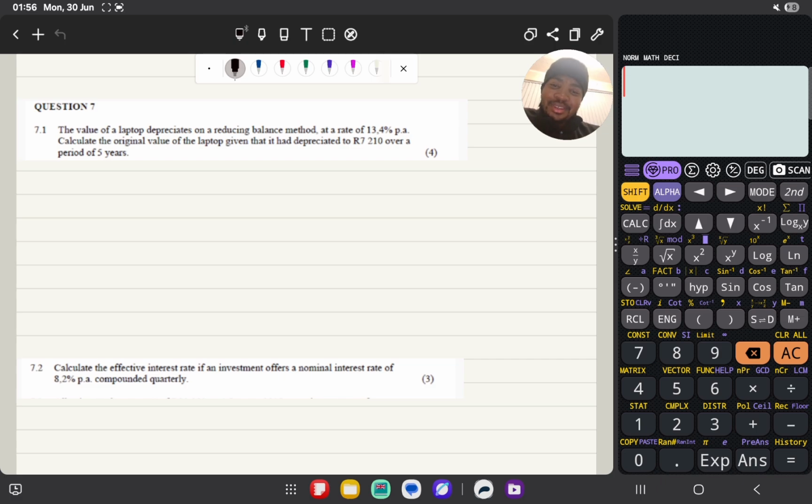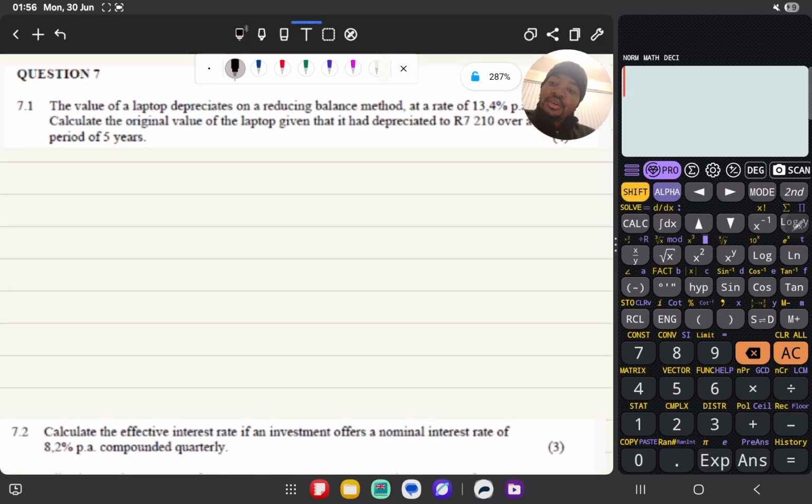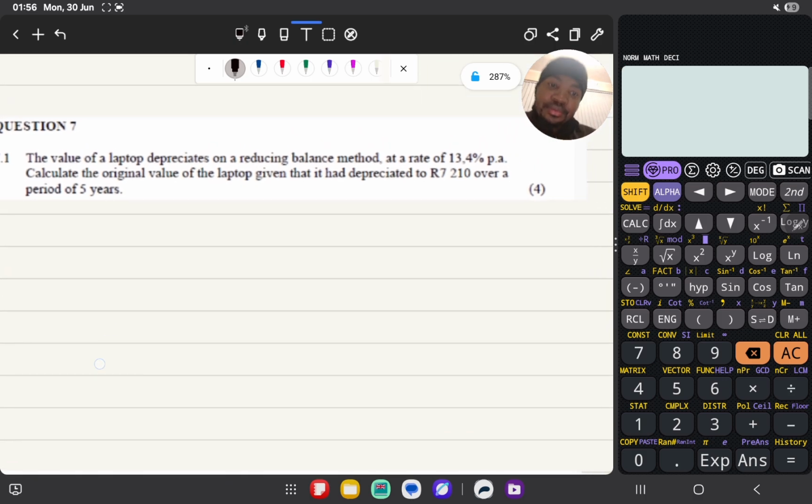At the rate of 13.4% per annum, calculate the original value of the laptop. The original value. By implication we are calculating what? P. Yes, the original value of the laptop, given that it had depreciated to this amount over a period of 5 years.